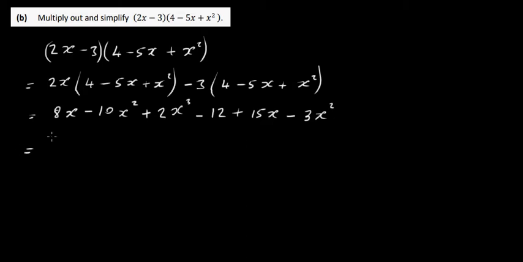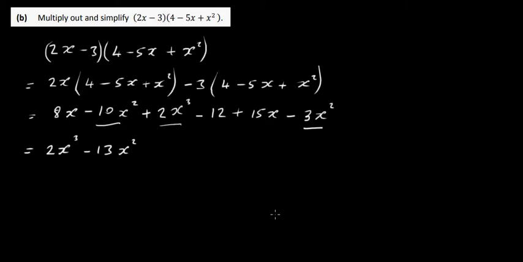Okay, so we've got to simplify it as well, not just multiply it out. So let's start with the highest power of x here, which is this one here. This is 2x cubed. So we'll just put that first. There are no other x cubed, so we can't add it to anything. Let's have a look at this here now. We've got a minus 10x squared minus 3x squared, so that'll give us minus 13x squared.